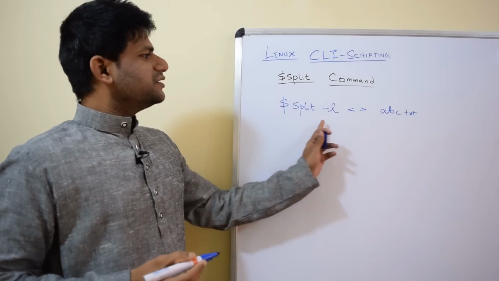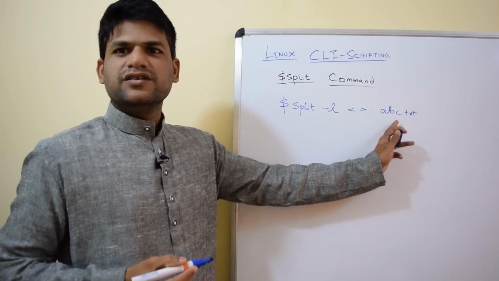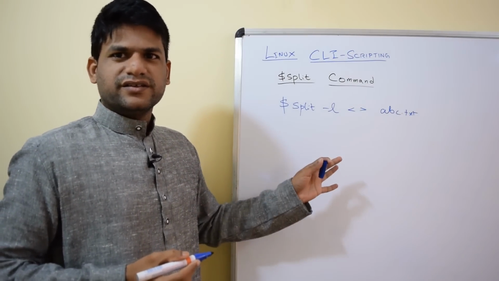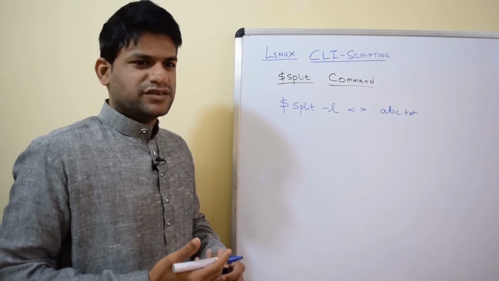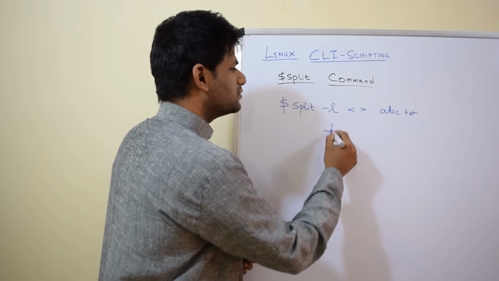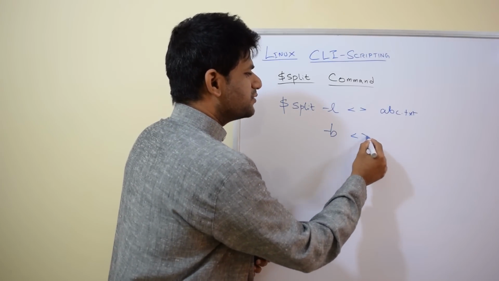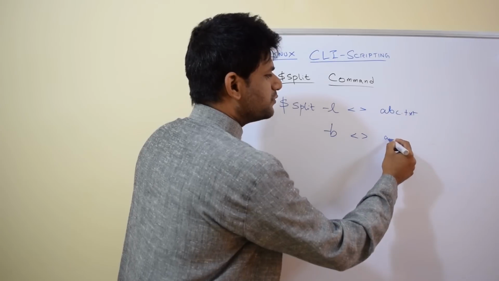This makes sense for simple human-readable text files, whereas there is another case of split which may not be as frequently useful for you, which is -b, where you specify the number of bytes you want to split each file into.